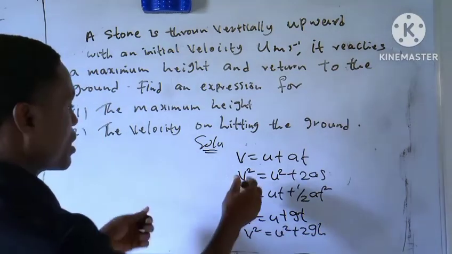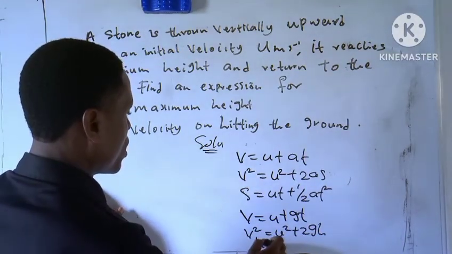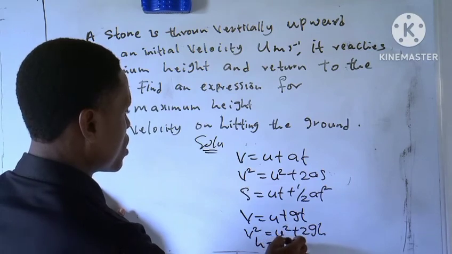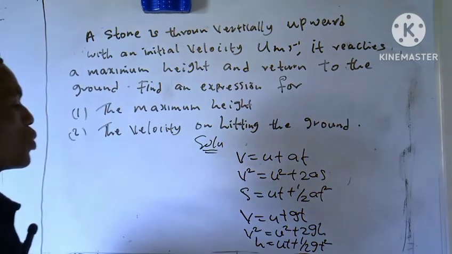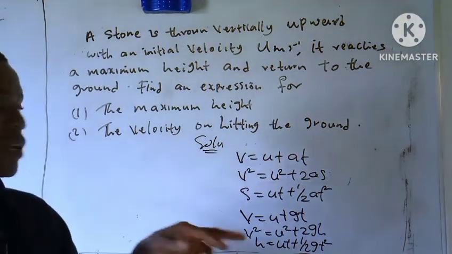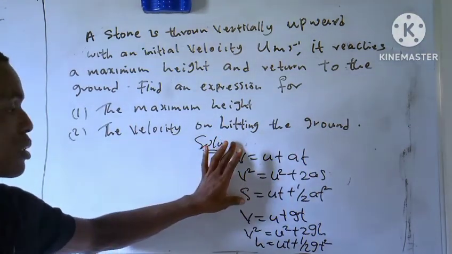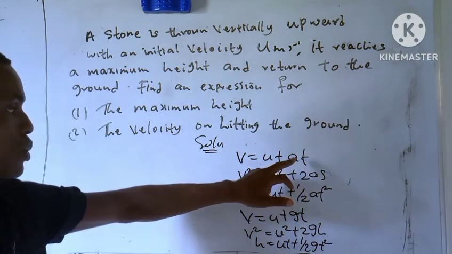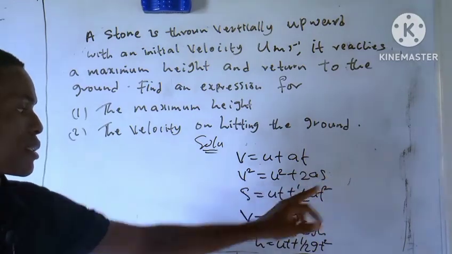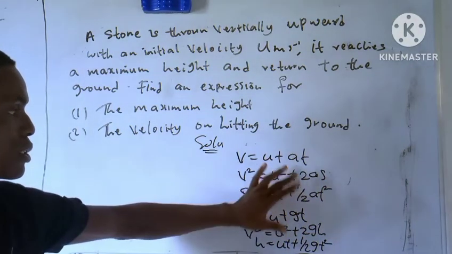You know these formulas. The last one is h equal to ut plus half gt square. So if it's in horizontal form, we can use these formulas, but if it's in vertical form, we use these formulas. Okay, it's just to change a, s, and what? Okay, just to change these two things.